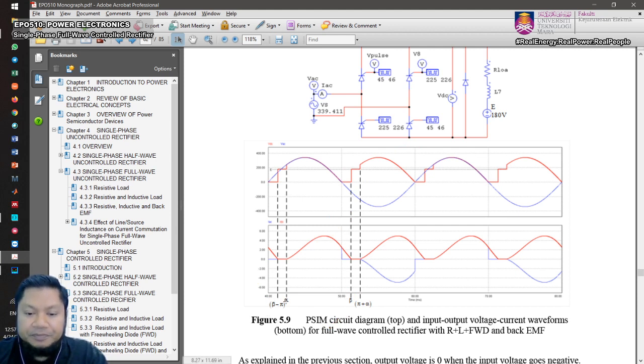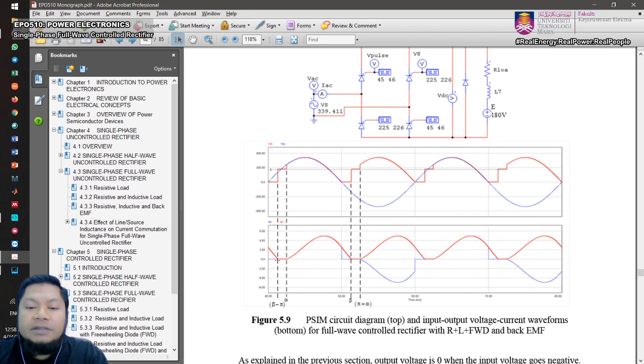It's a very similar point where the current goes to 0. So at the beginning, it starts with 0, and the thyristor 1 and thyristor 2 have not been triggered yet, so T1 and T2 have not been triggered yet because you have 45 degrees. It has to wait until 45 degrees to trigger T1 and T2, right?